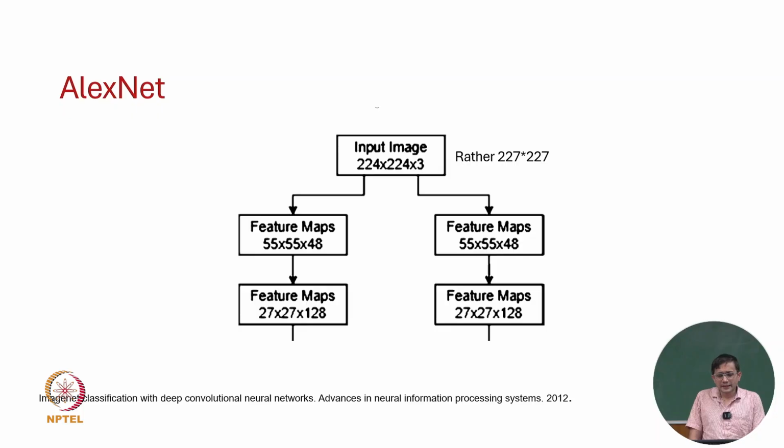So here what we see is AlexNet from 2011-2012. Given an input image size which is much larger than the image size we were discussing before in the context of LeNet, right, we get a feature map of 55 cross 55 cross 48 plus 48.